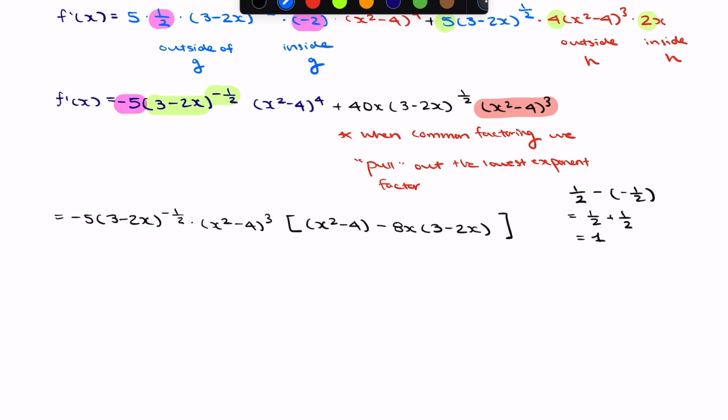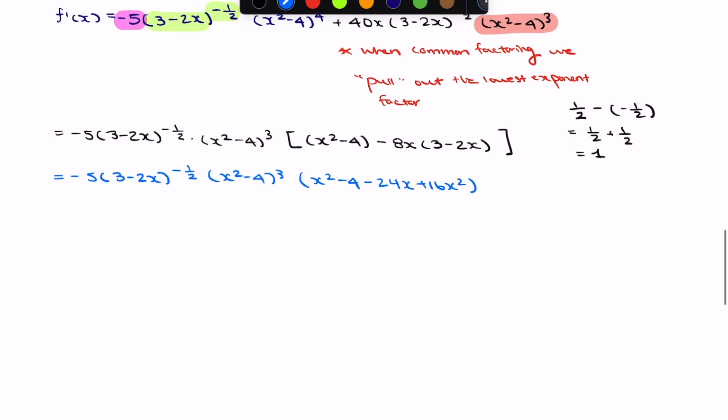Here, if we expand whatever is in the brackets, so we have negative 5 (3 minus 2x) to the power of negative 1 over 2, (x squared minus 4) to the power of 3, and inside the brackets we have x squared minus 4 minus 24x plus 16x squared.